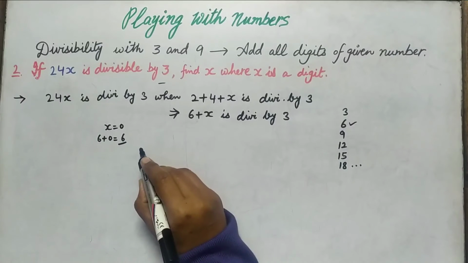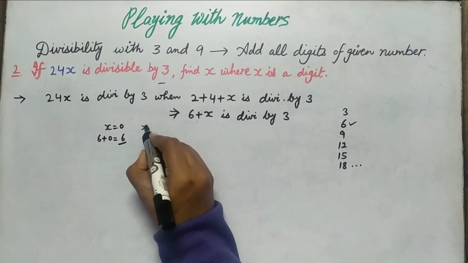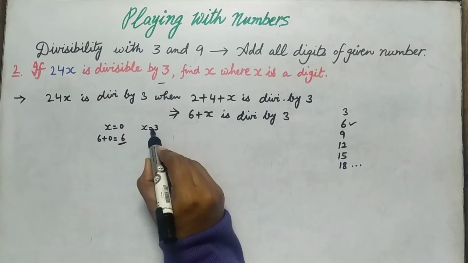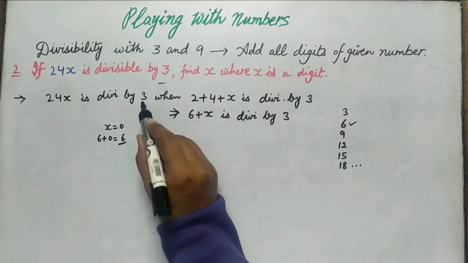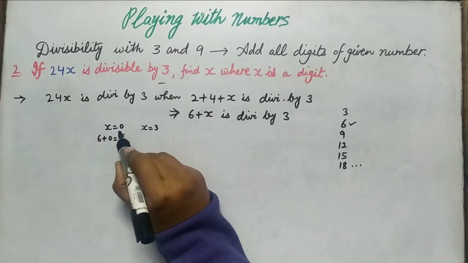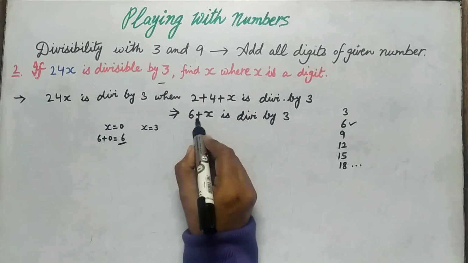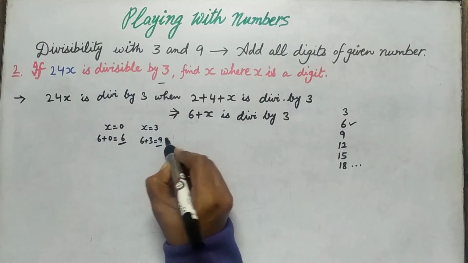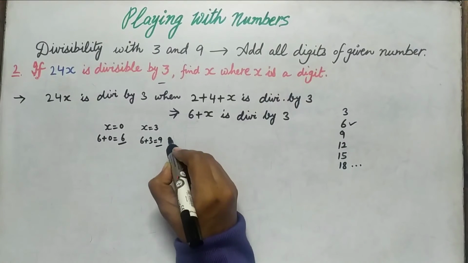Then we put x is equal to a bigger number, suppose 3, the jump of that table which is asked in the question, 3. So it becomes 6 plus 3, again a value of the table.